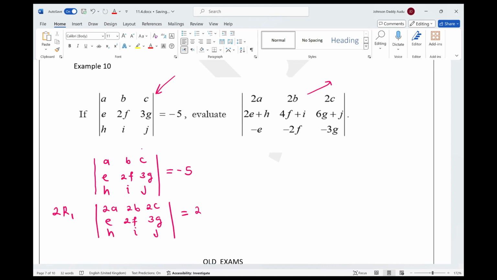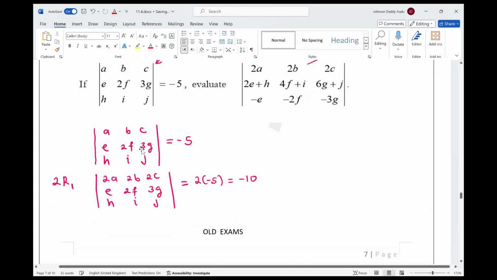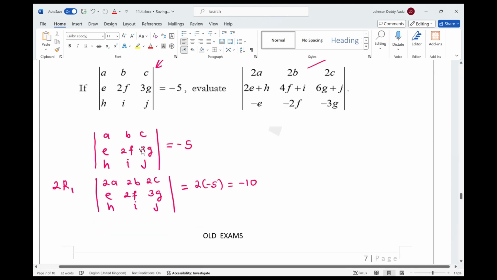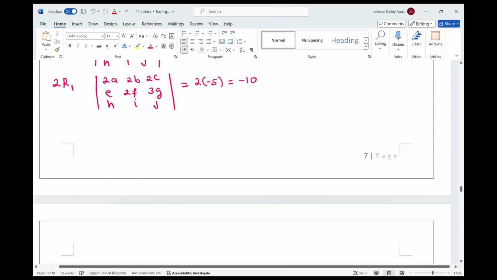So this is going to be 2 times minus 5, which equals minus 10. Okay. Now we have to look at what we have and try to see how we can get there.